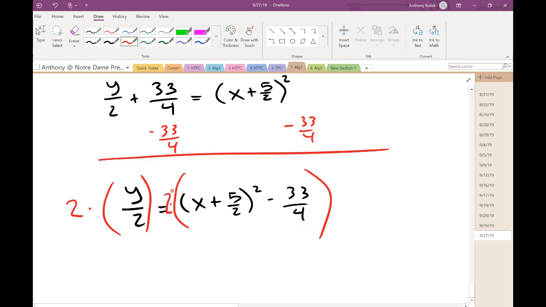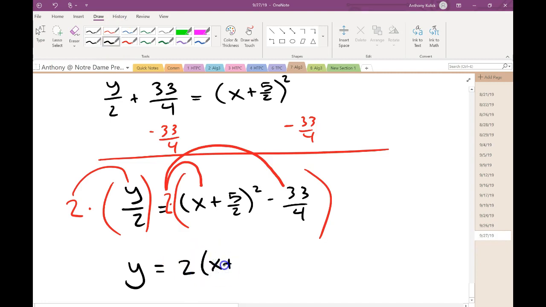When I multiply here, the times 2 and divides by 2 cancel out. When I multiply here, I'm going to distribute once to the parenthesis and then once to the fraction. I can't multiply that 2 inside the parenthesis because I have that exponent going on. So I'm just going to write the 2 out front of the parenthesis.